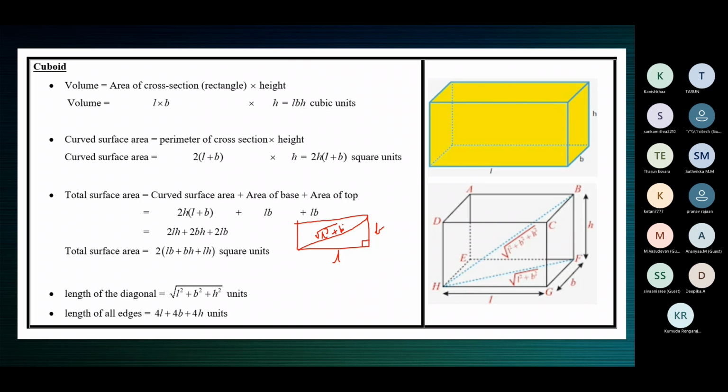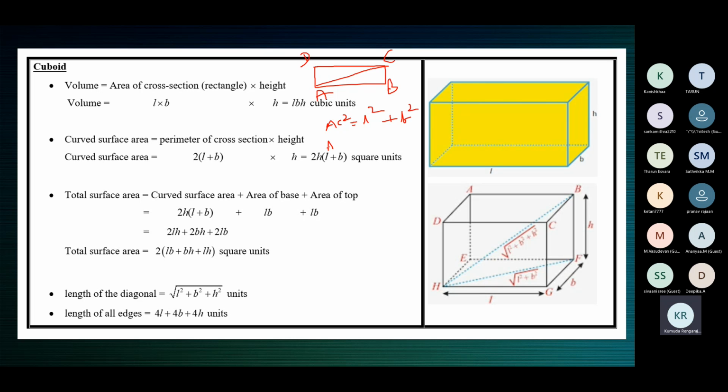Use Pythagoras theorem and do it. This side square plus this side square is equal to the square on this side. Work it in your book. So you'll get AC square, the diagonal square, AC square is equal to AB square, L square, plus BC square, B square.